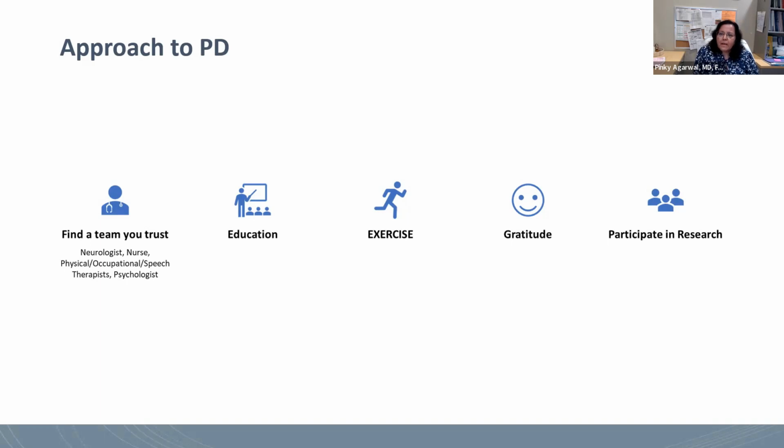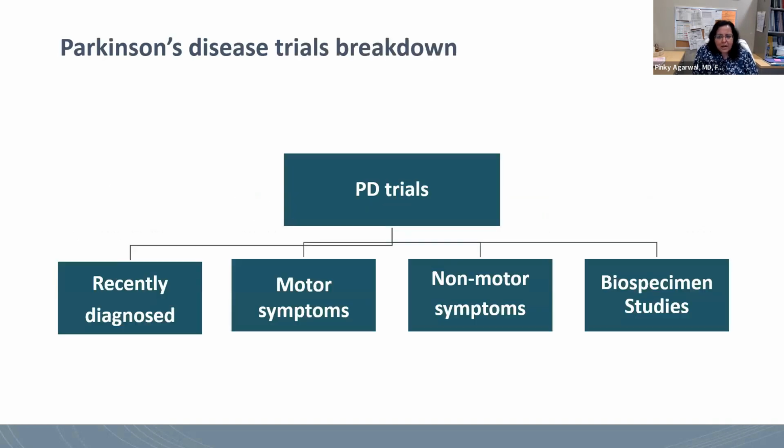But in general, I mentioned some clinical trials in Parkinson's that are out there. Generally, they're categorized into recently diagnosed trials, trials for motor symptoms, and trials for non-motor symptoms. Typically, your overactive bladder symptoms will fall in the non-motor group. And sometimes there are just biospecimen collection studies.